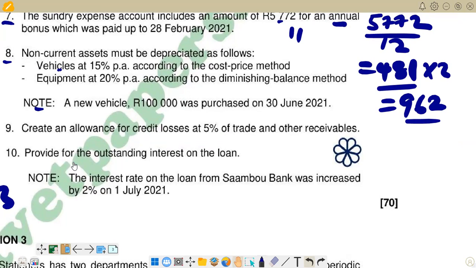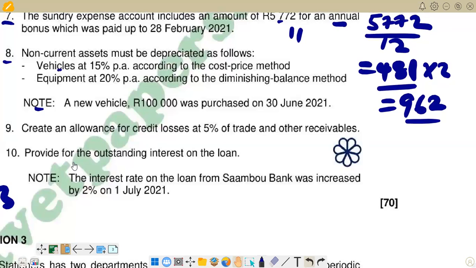If there's an increase, whereby we compare the allowance for credit losses for the previous year with the current year, it's an expense, and we put it under the operating expenses. But if there's a decrease, it's income, and you are supposed to put it under other income. So we are going to calculate it and see what's happening, and compare it with the figure that we had for the previous year.